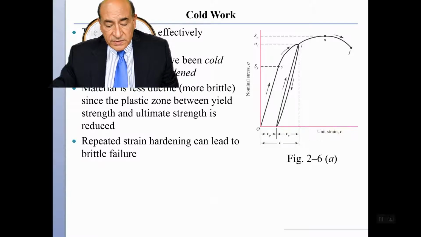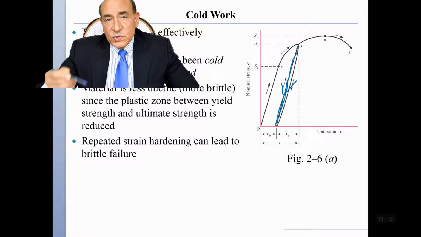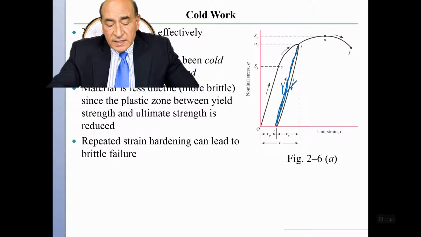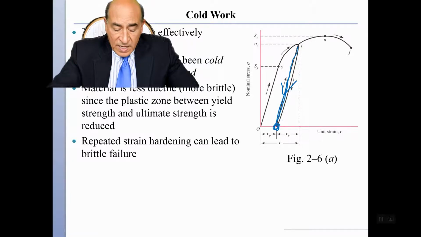So we will try to describe cold working, because after removal of the stress, if we just remove the applied load and we have residual strain in the material, and then we try to apply the load one more time.